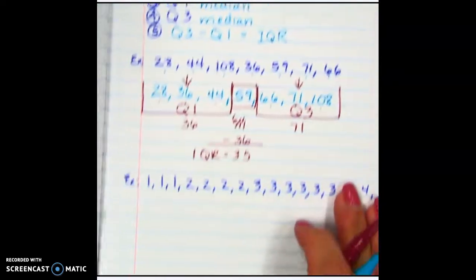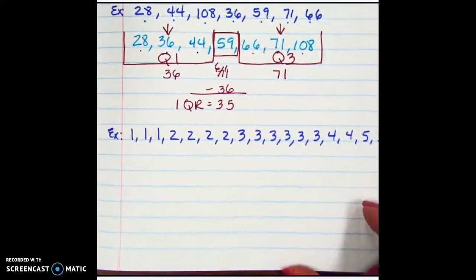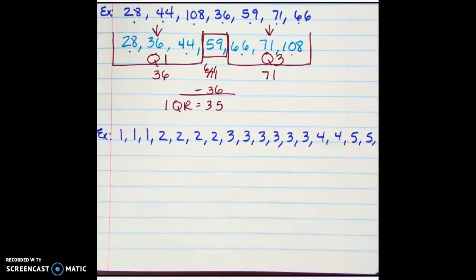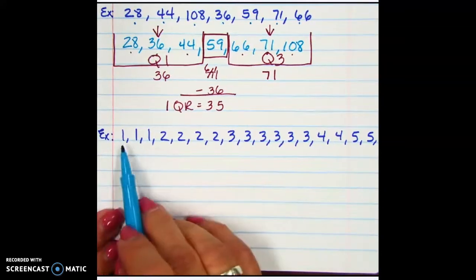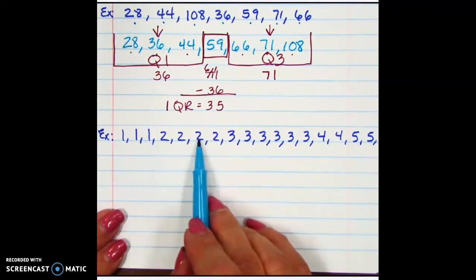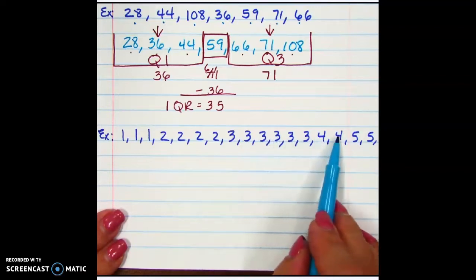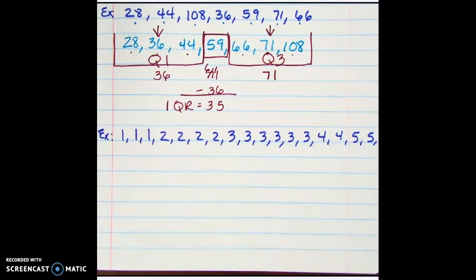Let's go ahead and do it with this data set. Now everything is in order from least to greatest here. And actually I have a comma there, but that's the end of the data set. There are 1, 2, 3, 4, 5, 6, 7, 8, 9, 10, 11, 12, 13, 14, 15, 16, 17 data points.